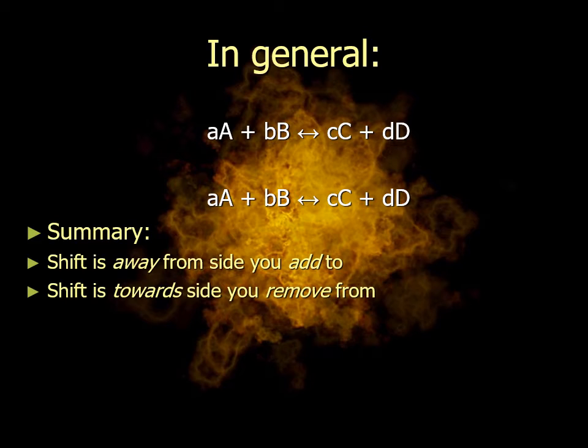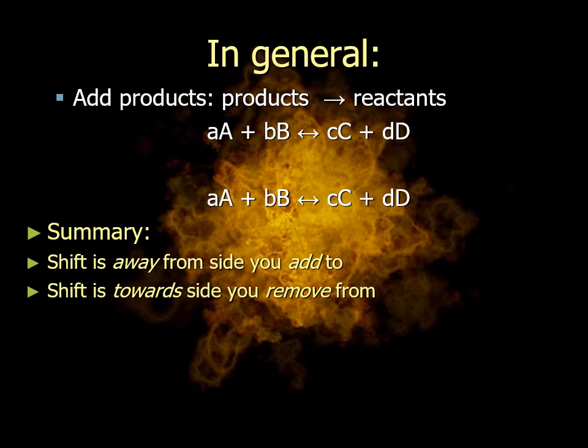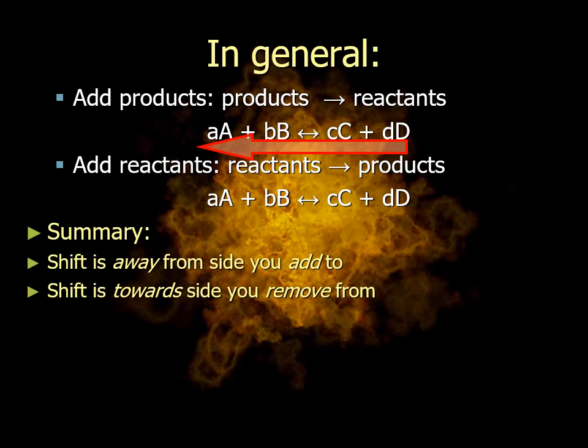So then if you removed a product, it would shift to the right. If you removed a reactant, it would shift to the left. So add products, it shifts to the left. Add reactants, it shifts to the right. And the converse is going to happen when you take them away.